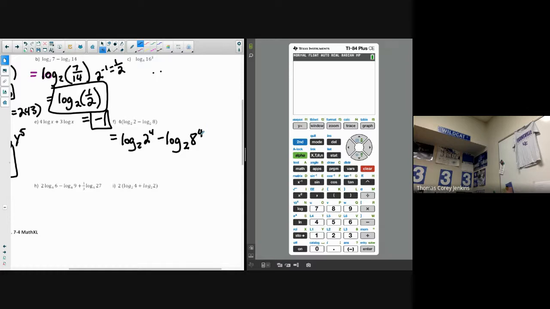Now we will apply our exponent rule, which would be to divide. So overall, that'd be log base 2 of 2 to the 4 over 8 to the 4.